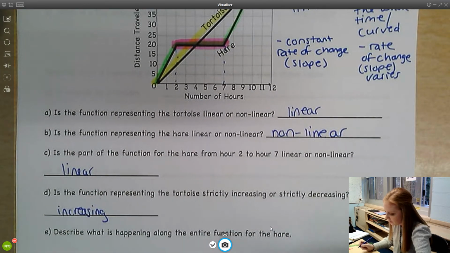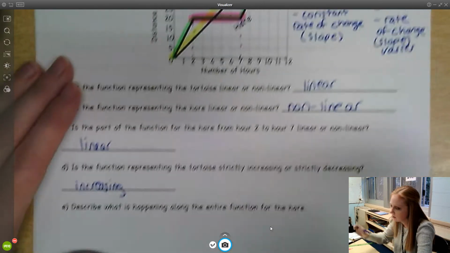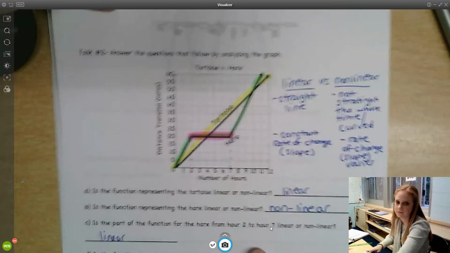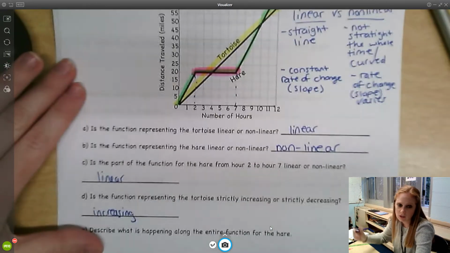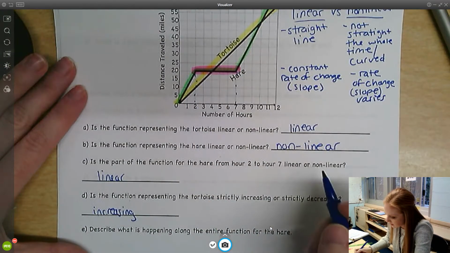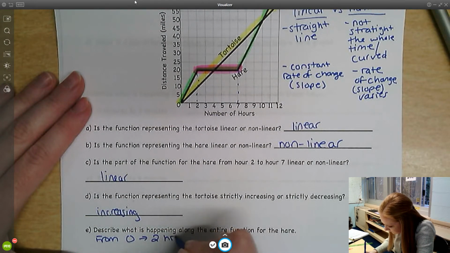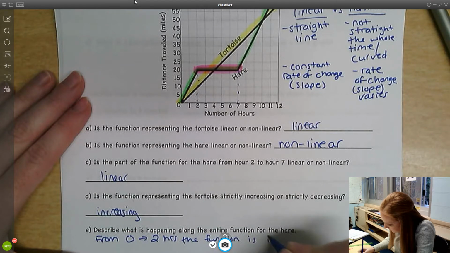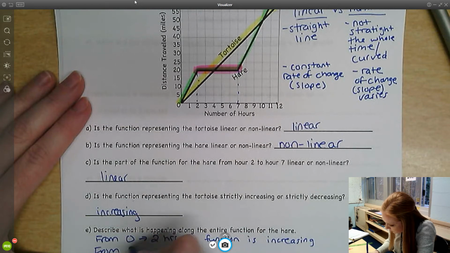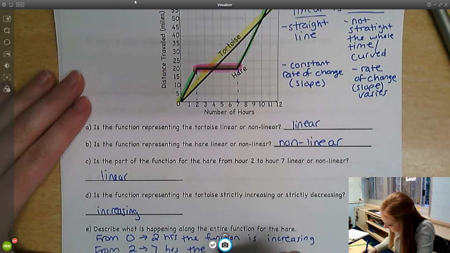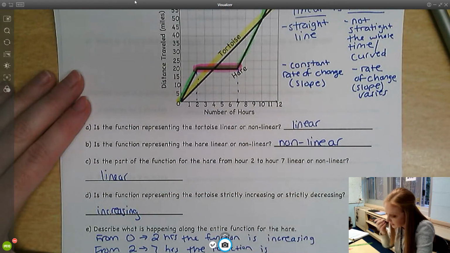Describe what is happening along the entire function for the hare. Okay, so for the hare, from 0 hours to 2 hours, it is increasing. From 2 hours to 7 hours, it's not increasing or decreasing.